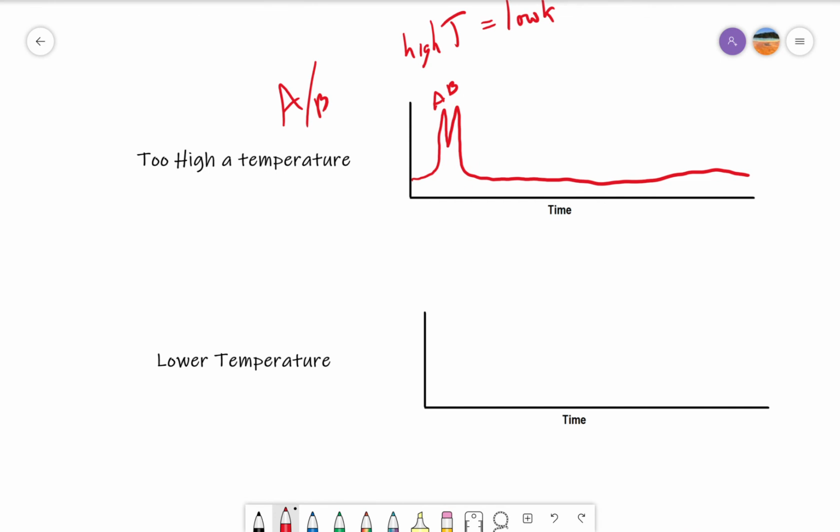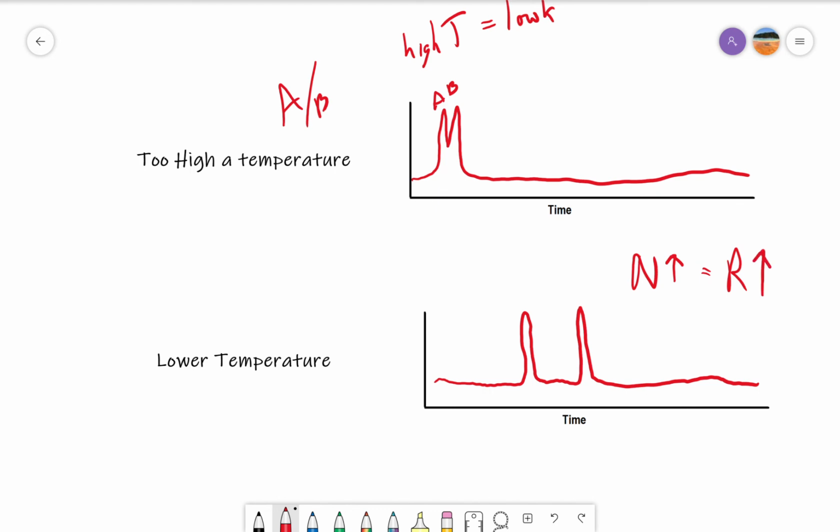If we were to lower the temperature, that means that they would be able to interact with the compound for a longer period of time, and we would end up with our statistical separation because N would increase and therefore R would increase.